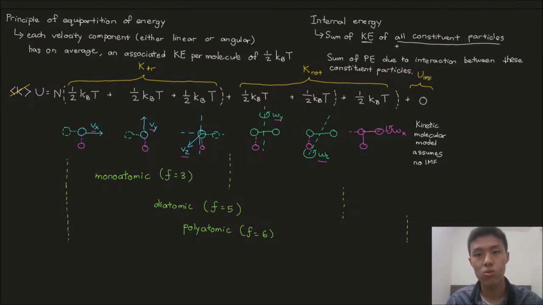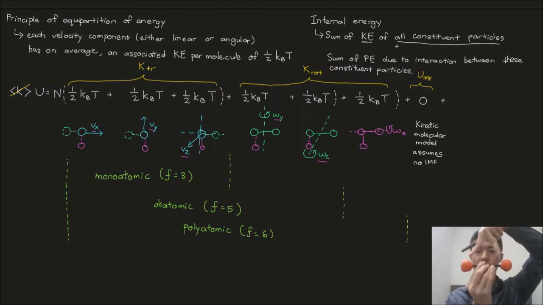But there's one more thing that we have. Once our molecules get hot enough, at a very high temperature, they will start to vibrate. When they start to vibrate, the molecular bonds between them will start to stretch and bend. Stretch means these two atoms here will get closer, further away, closer, further away.